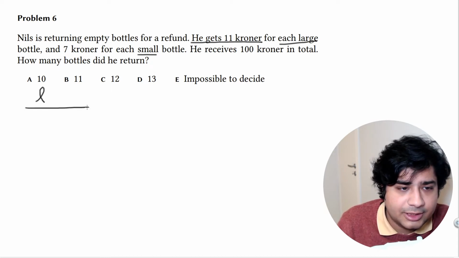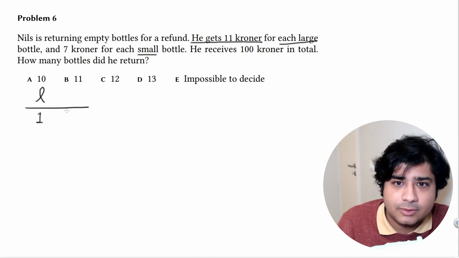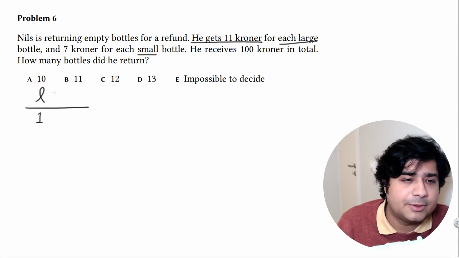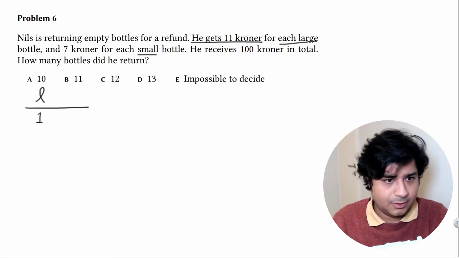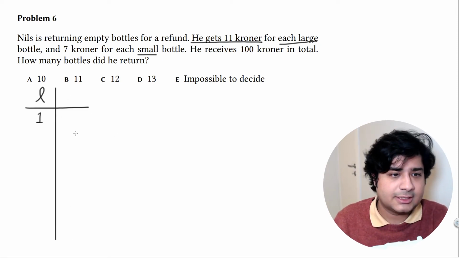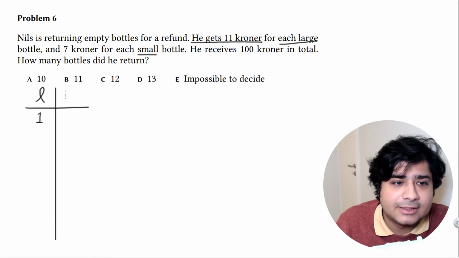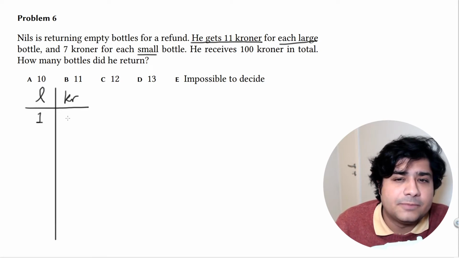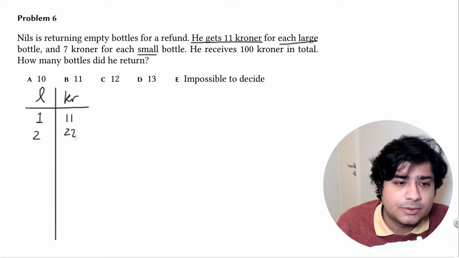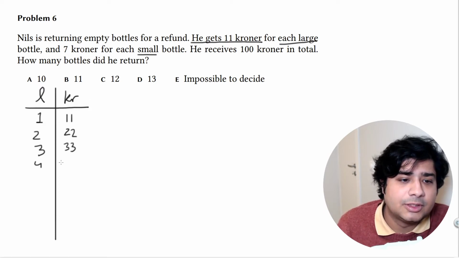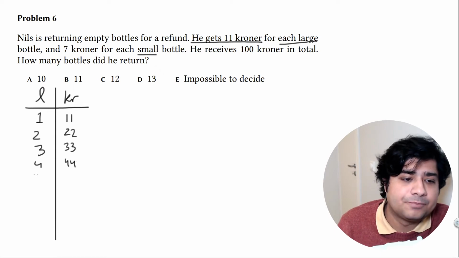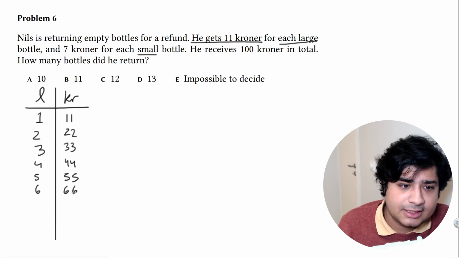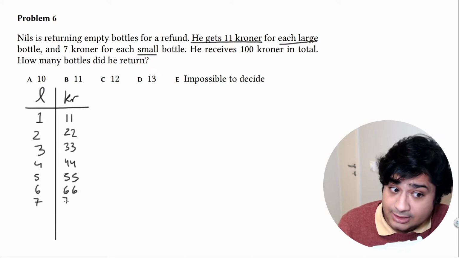If we create a little table here, perhaps, if we had one large bottle, every large bottle you get 11 kroners back. So that would give you a little table here like this, and then money, let's say kroners here. That's 11. Okay, what about 2? That's 2 times 11, that's 22. You get the idea. You can write down for all of them. 4, 44, 5, 55, 6, 66, 7, 77.